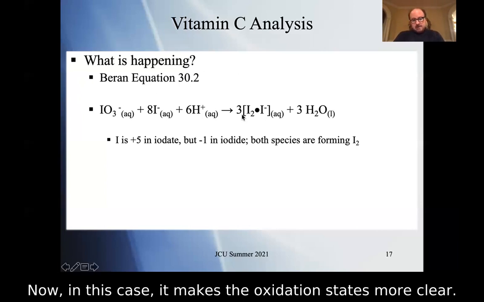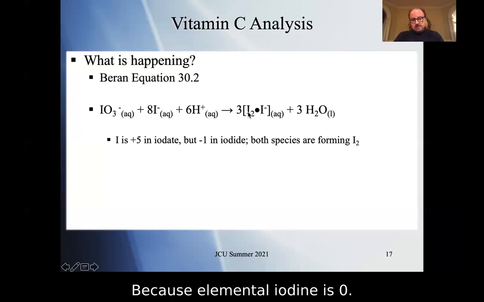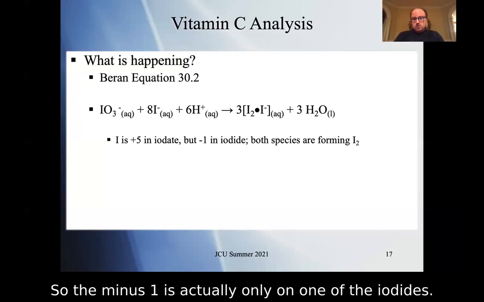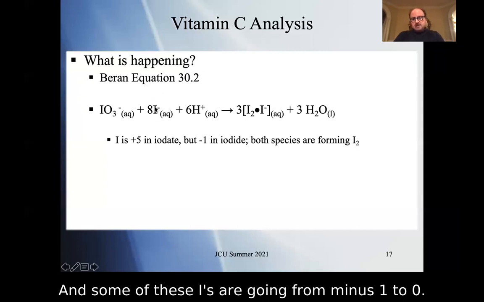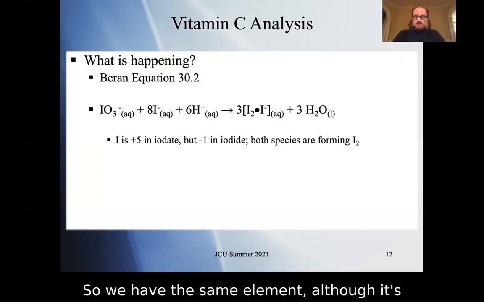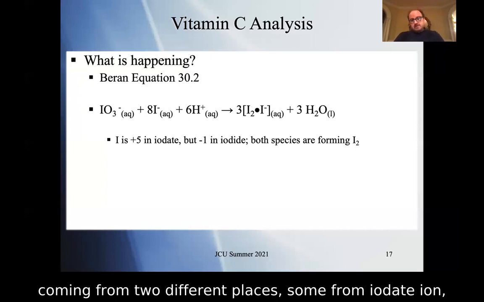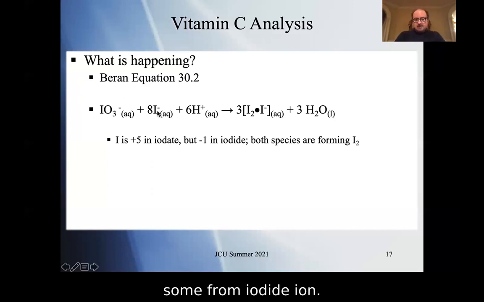Now, in this case, it makes the oxidation states more clear because elemental iodine is 0, iodide ion is minus 1, right? So the minus 1 is actually only on one of the iodines. So what we have here is this I is going from plus 5 to 0, and some of these I's are going from minus 1 to 0, right? So we have the same element, although it's coming from two different places, some from iodate ion, some from iodide ion.